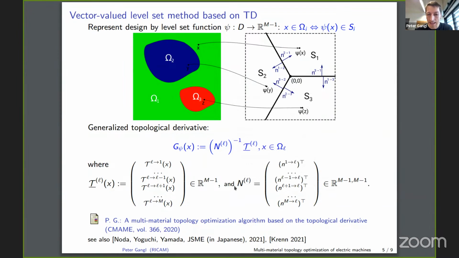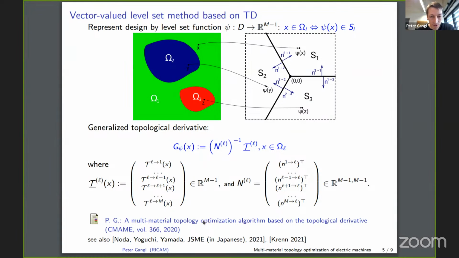So this NL is the matrix that consists of all the normal vectors pointing into the sector SL. If you define the generalized topological derivative like this, you can run the same algorithm, you obtain the same optimality condition and the same descent behavior of the level set algorithm as the one in the scalar case, in the 2 material case.